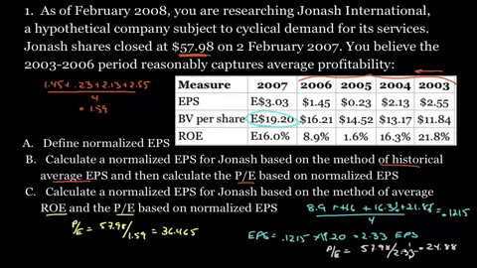And what may help sometimes is to calculate a trailing PE and a forward PE. So if we look at the PE on a trailing basis, in other words, we're going to use the $1.45 in earnings per share to calculate a trailing PE on 57.98, you'll get 39.99 on the trailing PE.